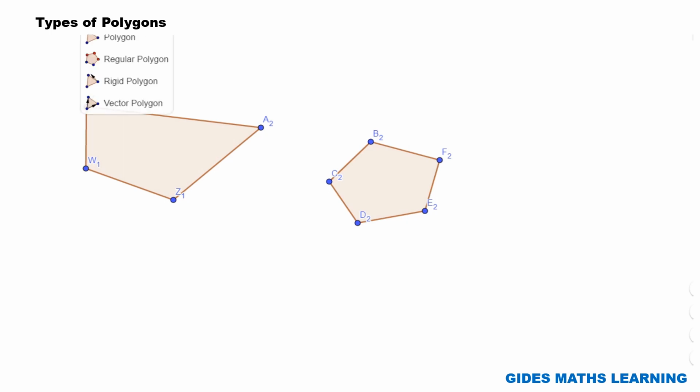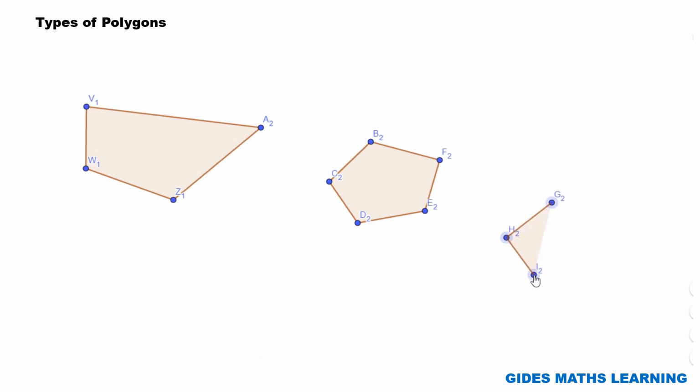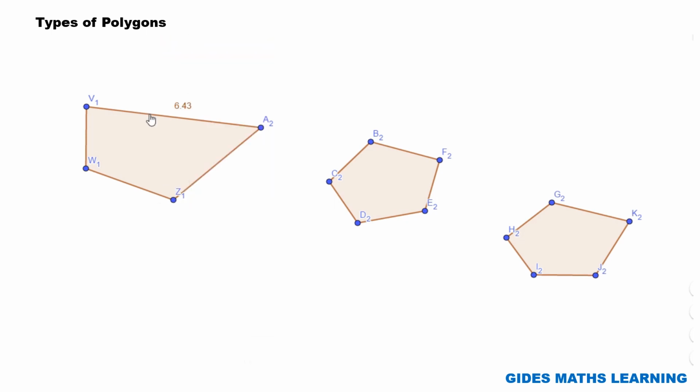Another one, that's a hexagon. 1, 2, 3, 4, 5, 6. Now let's measure the length of each side. This is 6.43 units, 4.23 units.